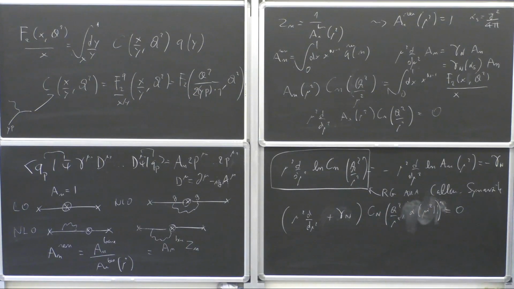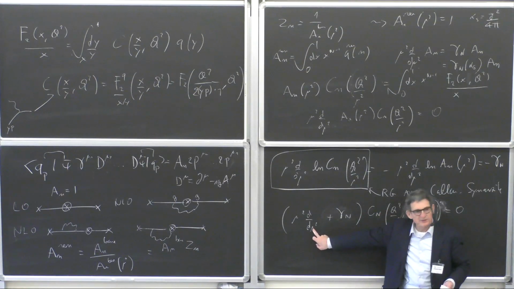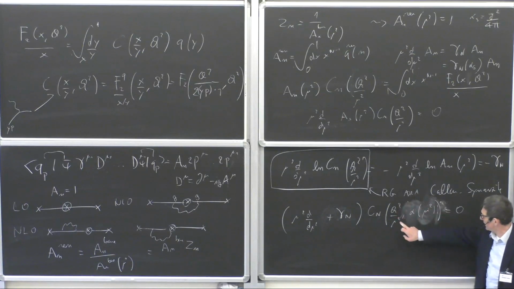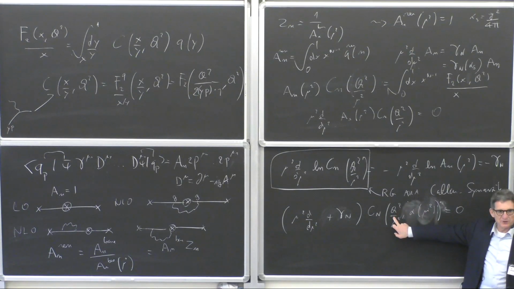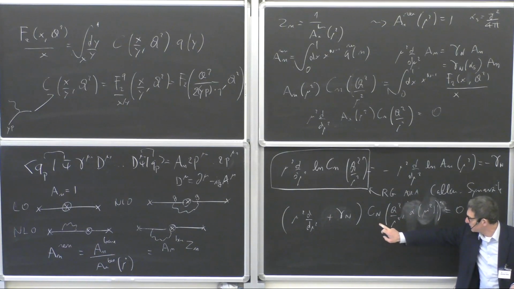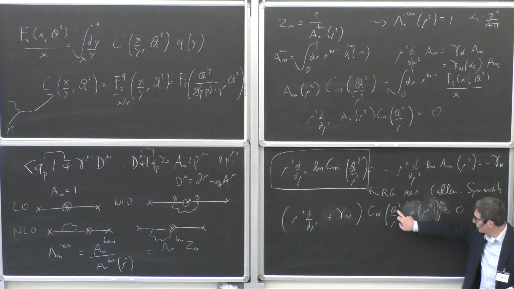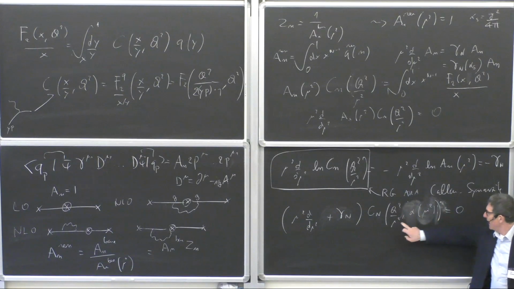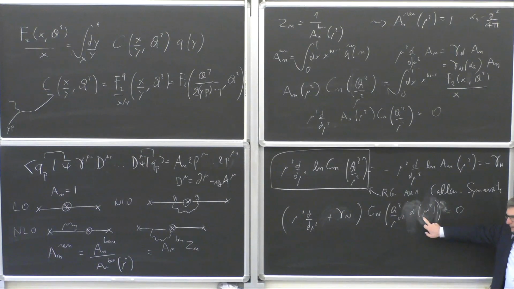And if we choose the scale here to be the same, then you see that the total derivative here actually has both a partial derivative with respect to the direct dependence of Cn on mu square through this ratio Q square over mu square, and also dependence through alpha s.